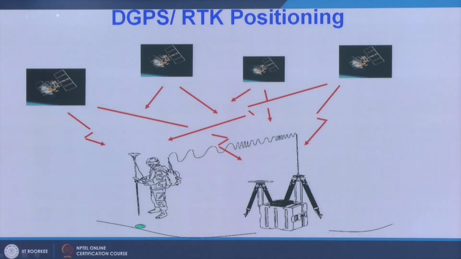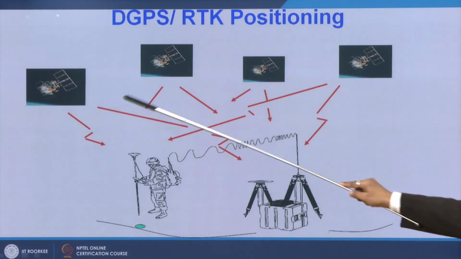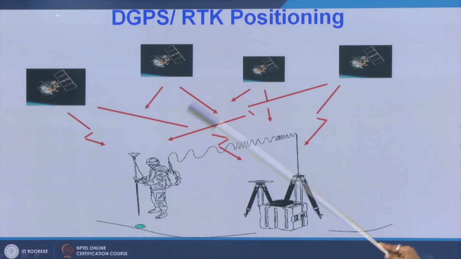Now, as I told you, if the distance is less than the amount of error associated with these observations, then the error at this station, from the same set of satellites which this receiver also receives, will be the same or identical. So, this is the basic assumption.